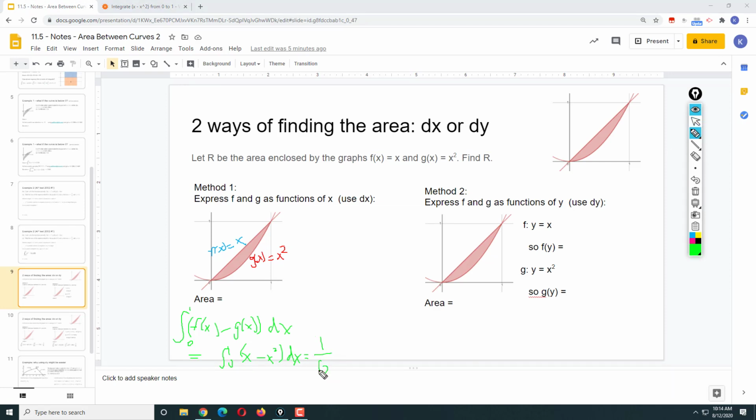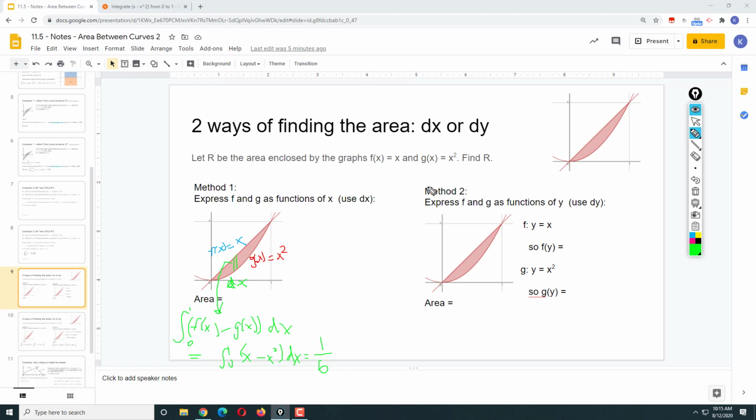But that's not the only way of doing this. What we did in the first question is we said we find these rectangles. Technically, they're trapezoids. Each one has width delta x or dx as they get really small. And the height is going to be f of x minus g of x. But we can also integrate this way.